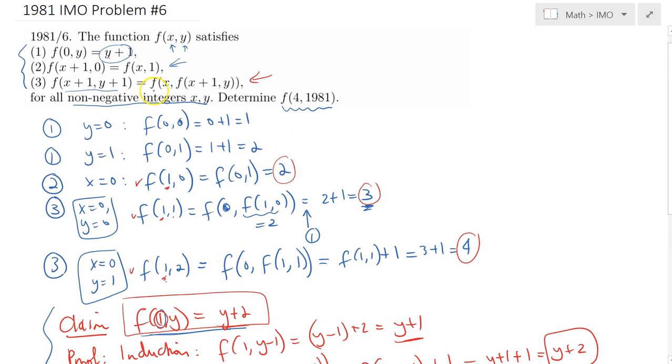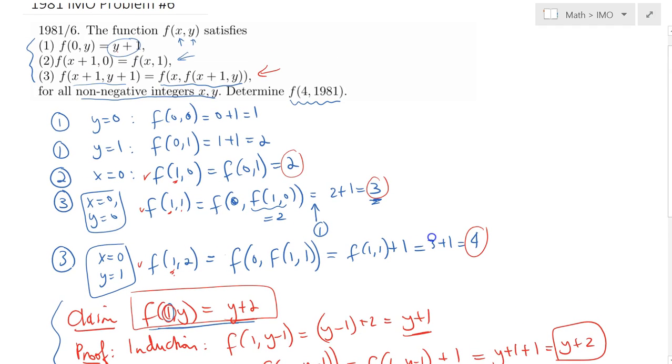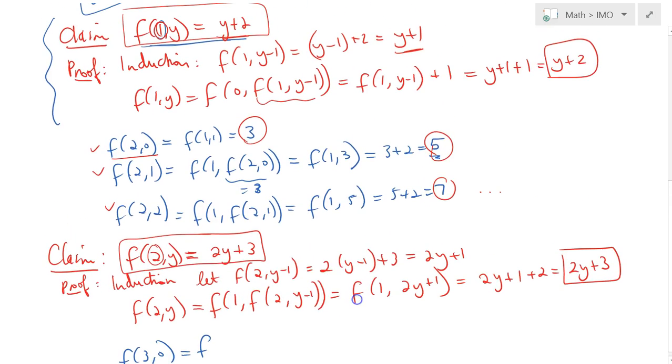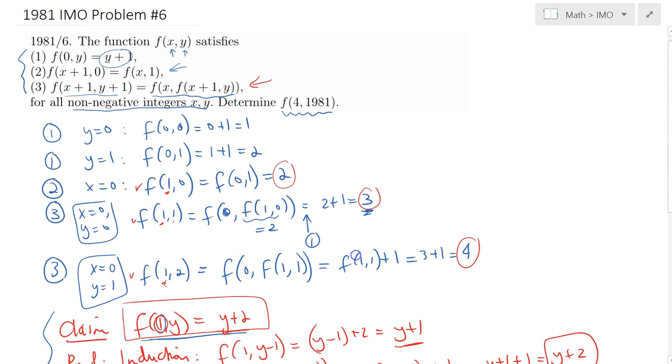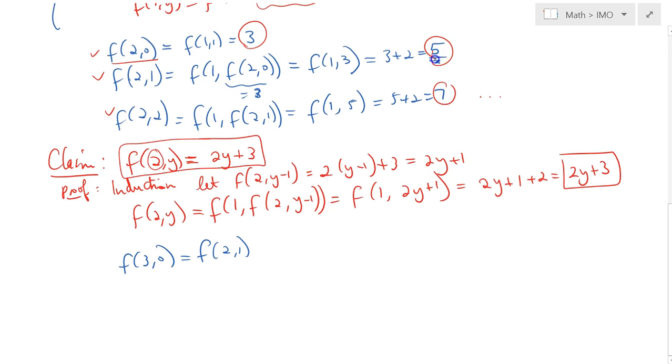If you use the definition again, f of 3, 0 would be f of 2, comma... is there an easier way? We can use the second result directly, substituting 2 into it. So f of 3, 0 is f of 2, 1, which makes sense. But earlier we got f of 2, 1 is just 5.